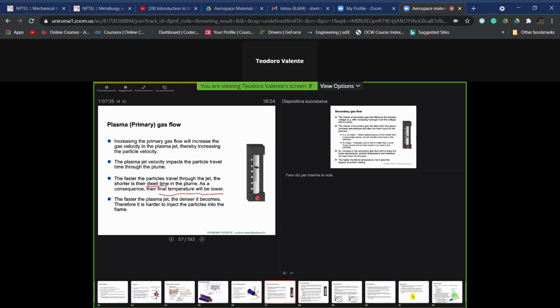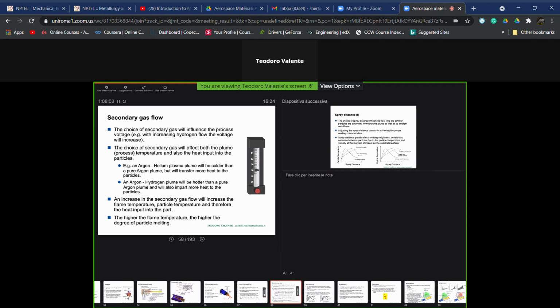So we need to balance in order to have the proper degree of melting. From one side, in terms of density, increasing the gas flow velocity would be beneficial, but we could experience problems of partial melting of the powders, which results in poor quality of the coating itself.